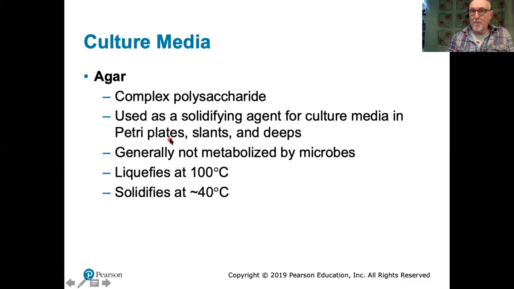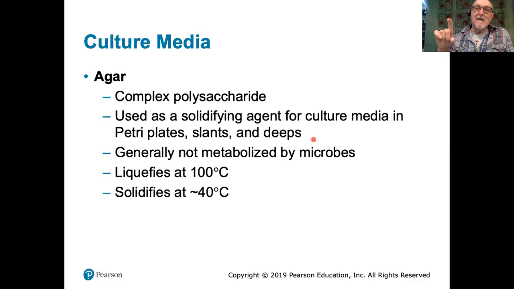We pour it into a Petri dish. We can pour it into tubes, and we can incubate those on a slant so that they solidify with a nice big elliptical surface. Or we can let our tubes solidify while they are upright like that. And that provides us what we call a deep.